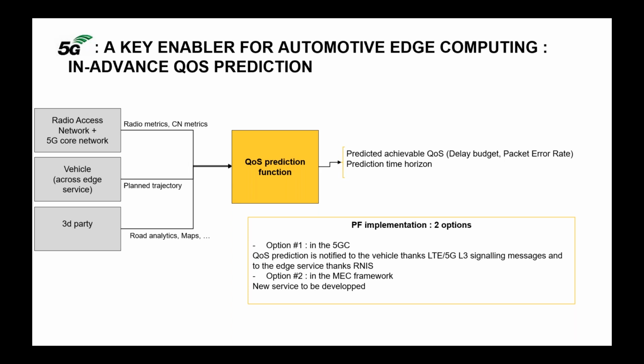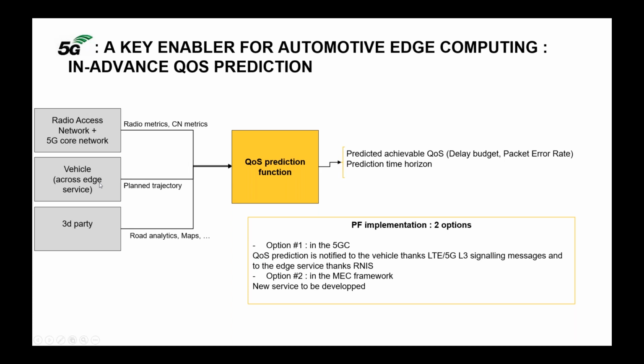However, there are still today two open options. Where is this quality of service prediction done? Is it done in the 5G core network, or is it done in the MEC framework? From my point of view, there are two types of quality of service prediction algorithms. One predicts the quality of service change on a very short term, with very highly dynamic and high frequency monitoring, and that will clearly be based on radio access metrics and core network metrics.